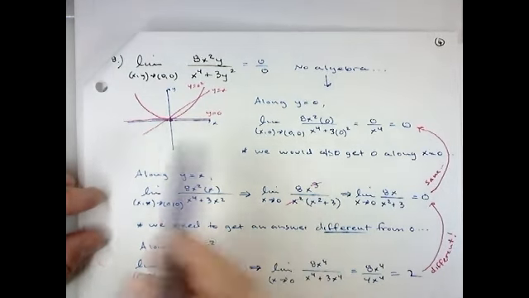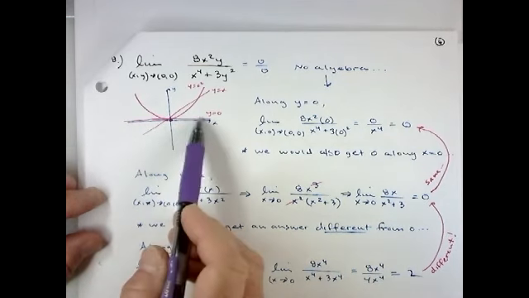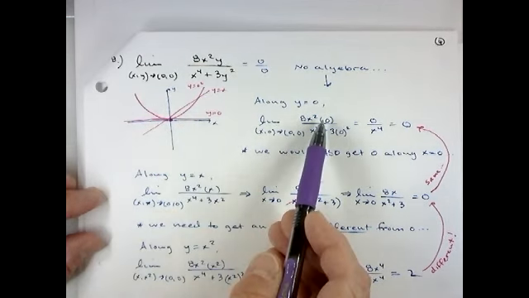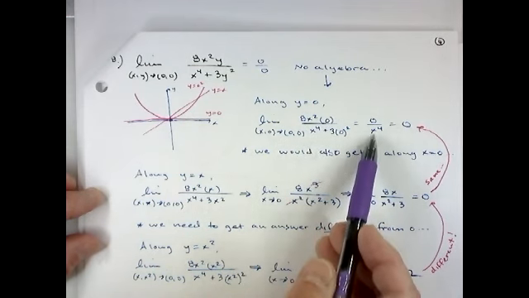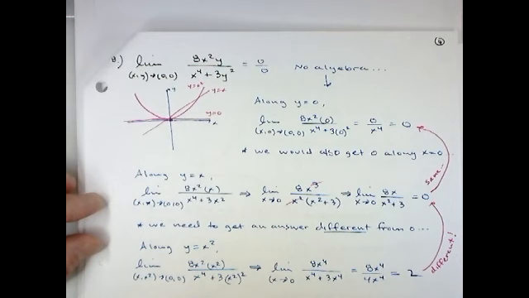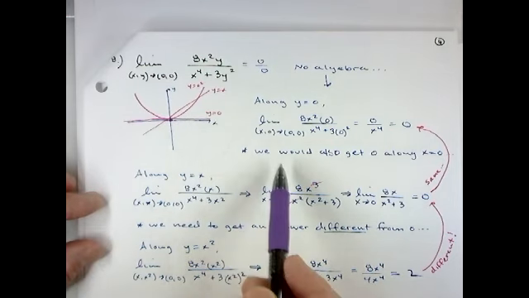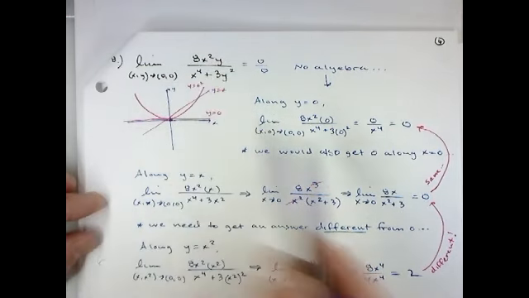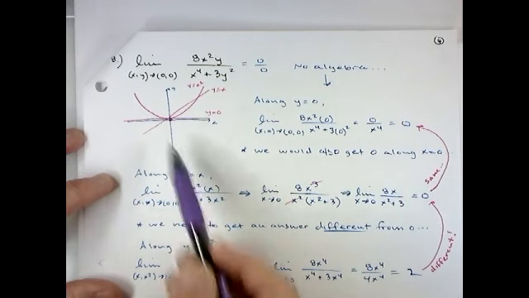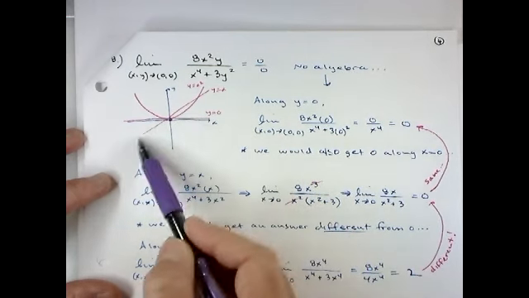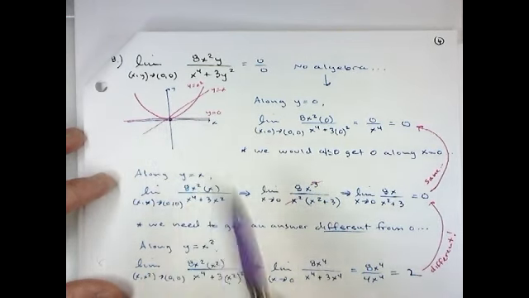Starting with y equals 0, if I plug it in for y, I get 0 up top and 0 over x to the fourth is equal to 0. And you can probably see that if you had let x be 0, you would have gotten the same answer. You would have gotten 0. So that's not going to help us. The next thing I usually try is a line through the origin, like y equals x.